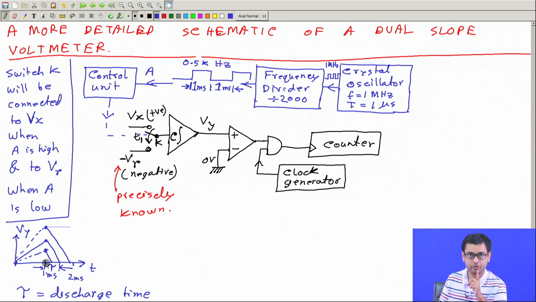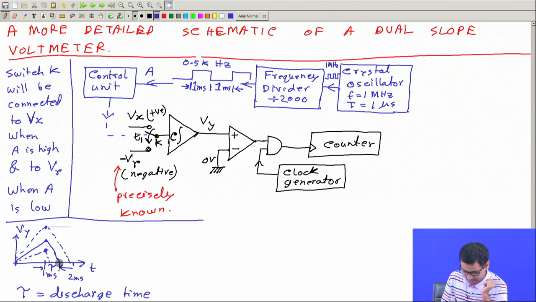Okay. And let me just do the derivation, the maths once again, which we did in the previous day. Let me make just one of them solid and the other dotted.